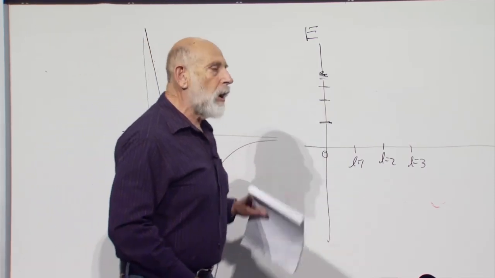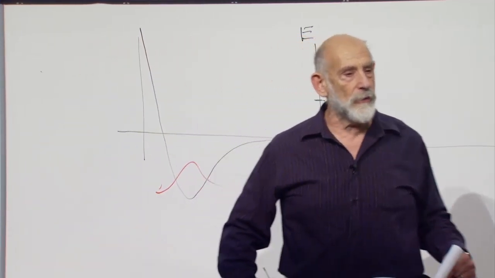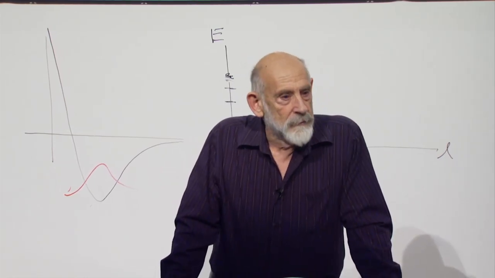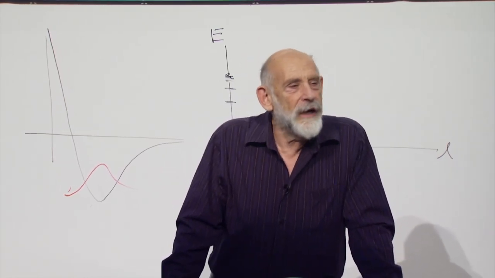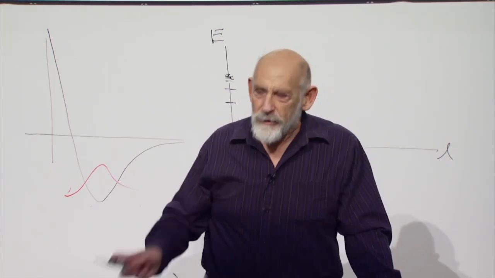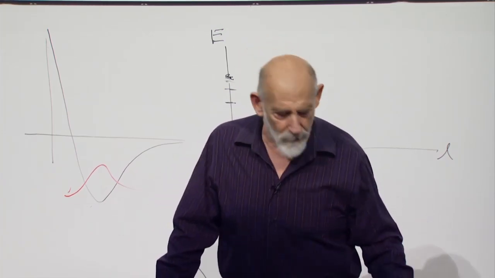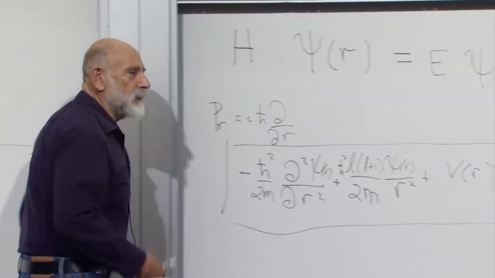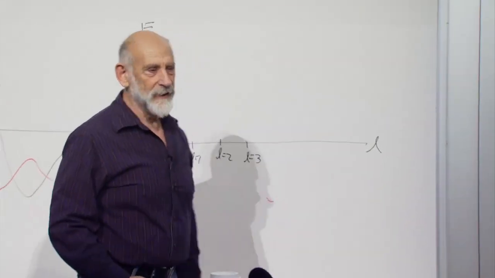Will their energy be larger or smaller than the l equals 0 state with no node? Just a wild guess. Yeah, it's got angular momentum. It's swinging around there. And besides which, this is a positive term in the Hamiltonian. So how could it possibly lower the energy? And it can't.